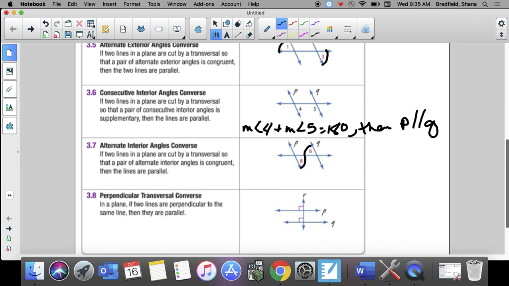This would say that if two lines are intersected by a transversal and create two perpendiculars, then P and Q are parallel. So the converse says if two lines are perpendicular to the same line, then they are parallel. And you can see that R is perpendicular to P and R is perpendicular to Q. Therefore, P and Q must be parallel to each other.